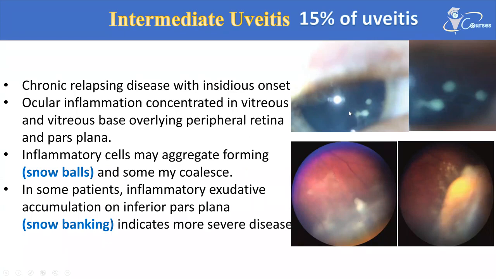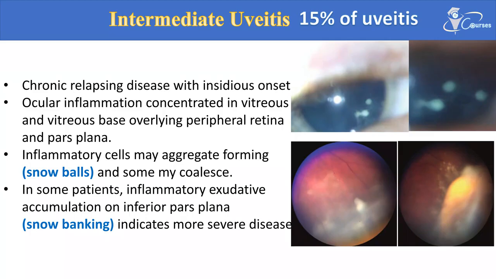Sometimes they coalesce, or the patients will have inflammatory exudation. This exudation accumulates at the inferior pars plana, causing what's called snow banking. Snow banking means a more dense, more intense inflammation.